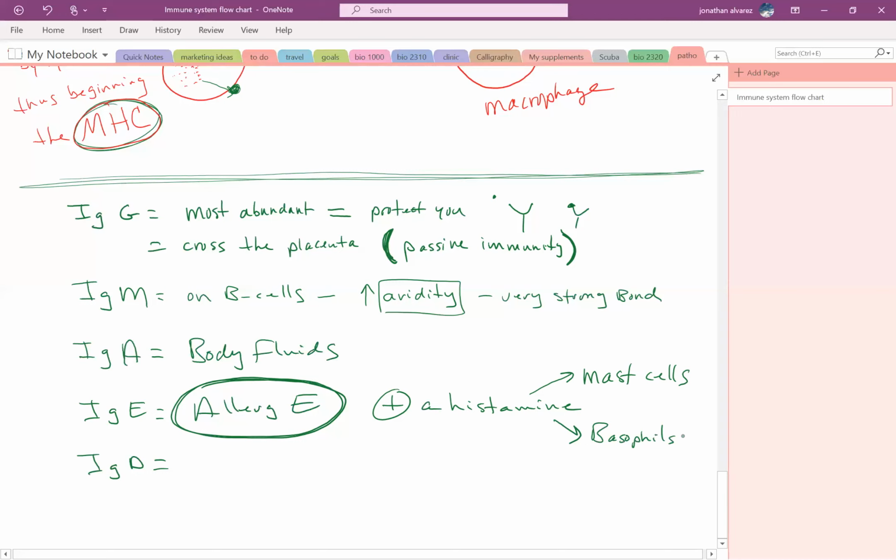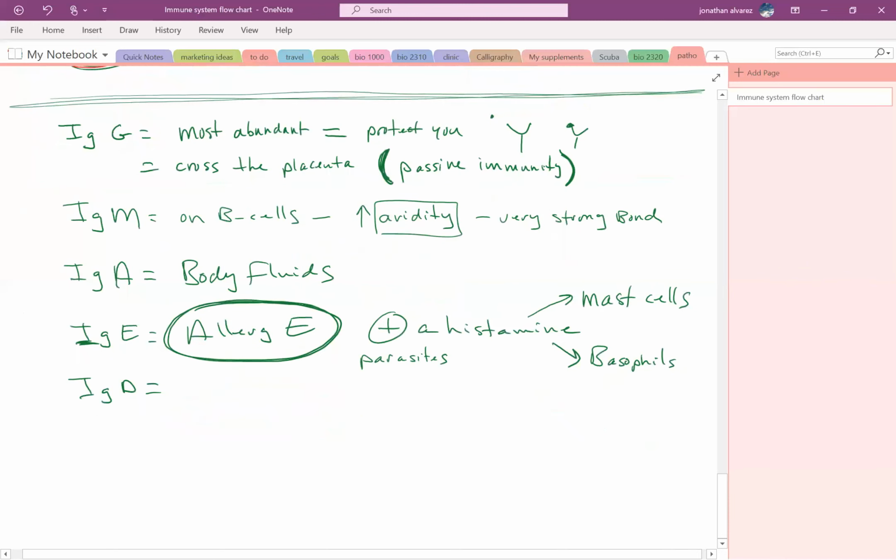Okay. IgEs are also known to help fight parasites. Okay, so if you're dealing with a parasite, the immunoglobulin E can come in and try to destroy that. Okay, the IgDs, they help as an antigen receptor on the B cells.